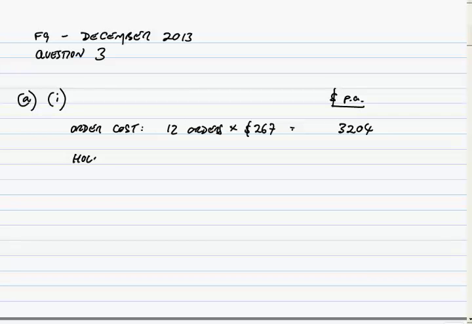In addition, we've got the holding cost. Well, how many units are we ordering each time? There's 300,000 units a year. We're placing 12 orders a year. So each order will be for 25,000 units.